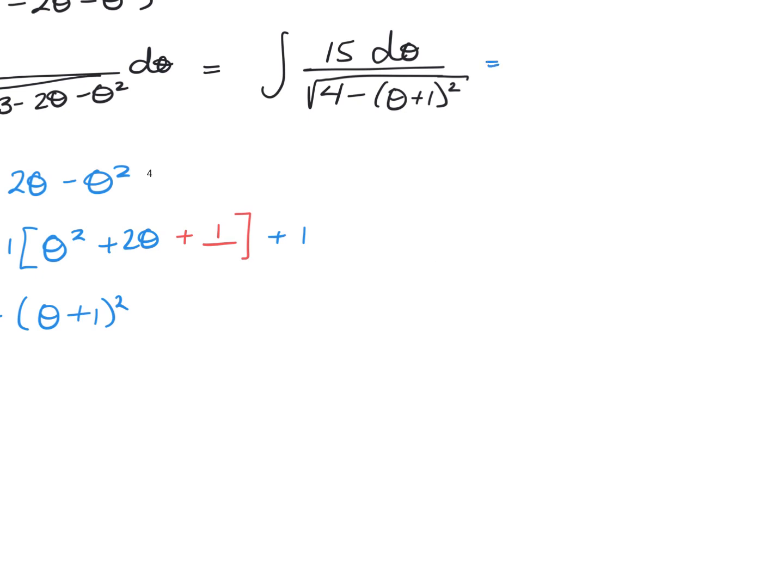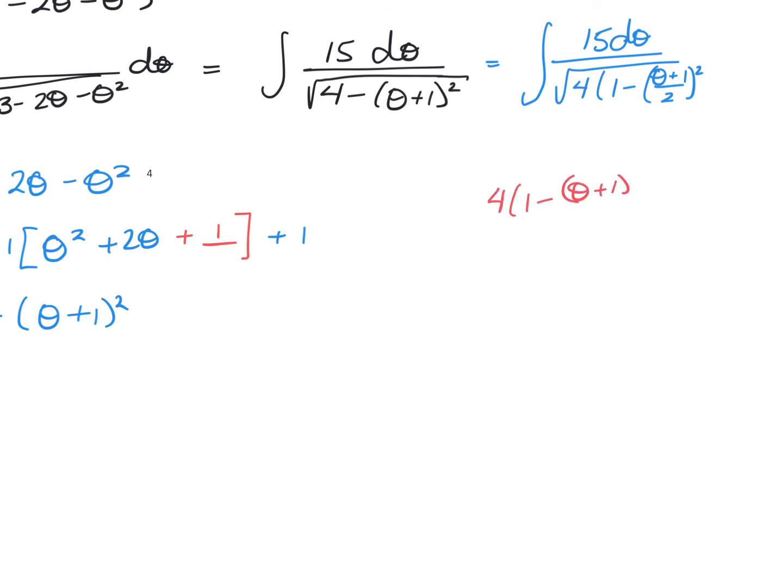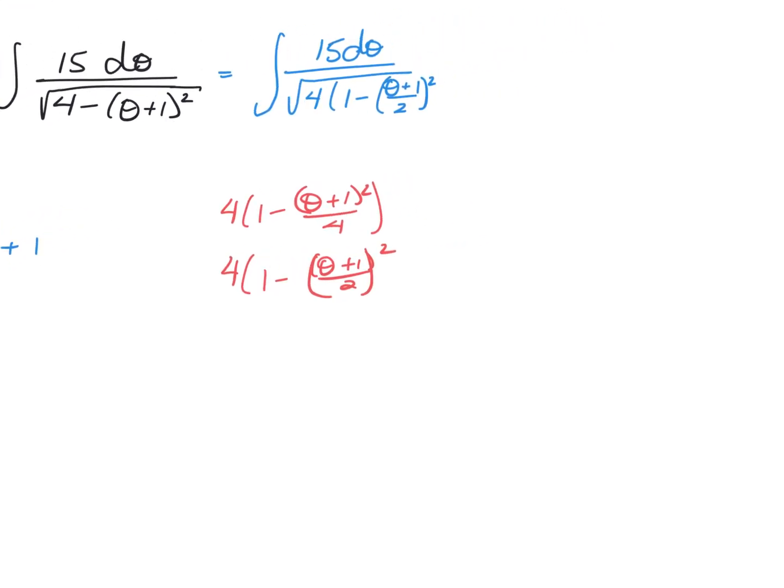So I'm going to rewrite this as the integration of 15 d theta over the square root of, I'm going to factor out a 4, leaving me 1 minus theta plus 1 divided by 2, the quantity squared. That's because 4 minus theta plus 1, the quantity squared, over 4 is the same thing as 1 minus theta plus 1 divided by 2, the quantity squared. That's all I did.